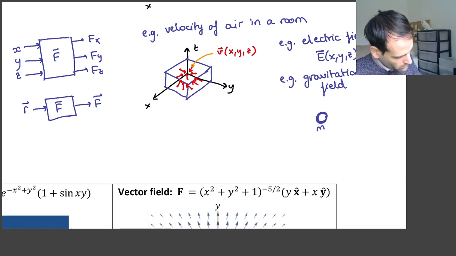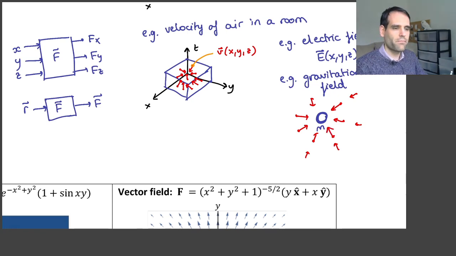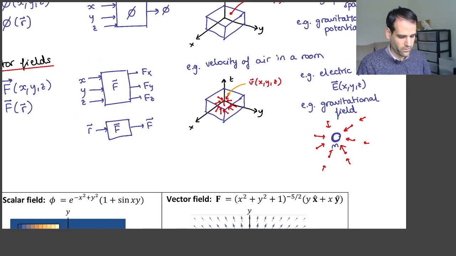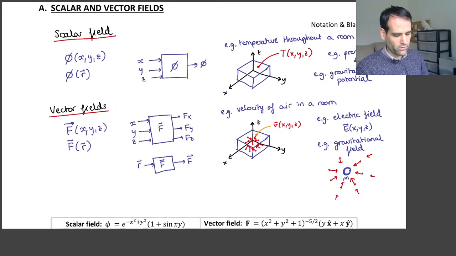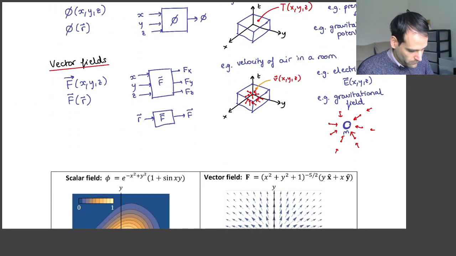So at every point, you have a gravitational field, which is a vector, which points towards the mass, right? And it gets weaker when you are further away. So this means that there is a vector which is a function of position. So that's an example of a vector field. Okay? So I hope those two concepts are clear.